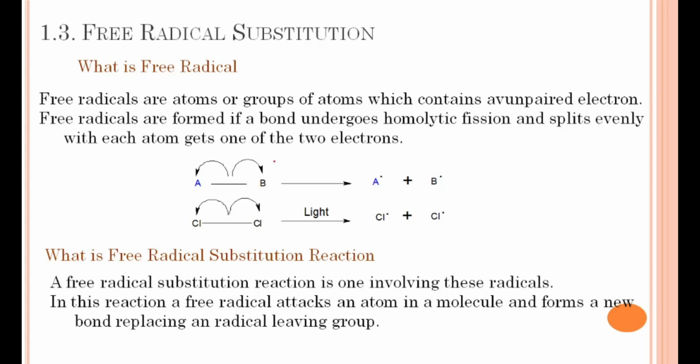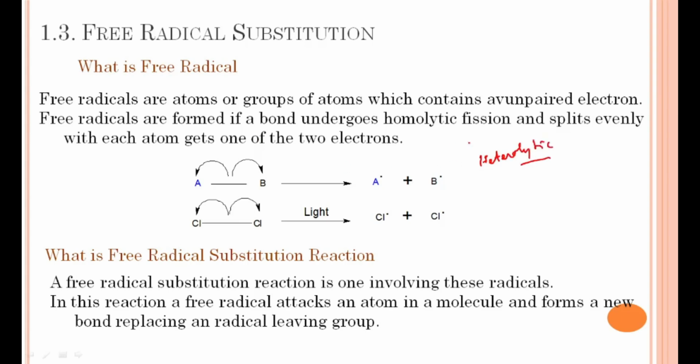Now coming to the third category, free radical substitution reaction. So what is a free radical? Free radicals are atoms or groups which contain an unpaired electron in their outermost shell or orbital. Free radicals are formed due to homolytic cleavage of a bond. Previously, what we discussed, the generation of electrophile and nucleophile, was heterolytic.